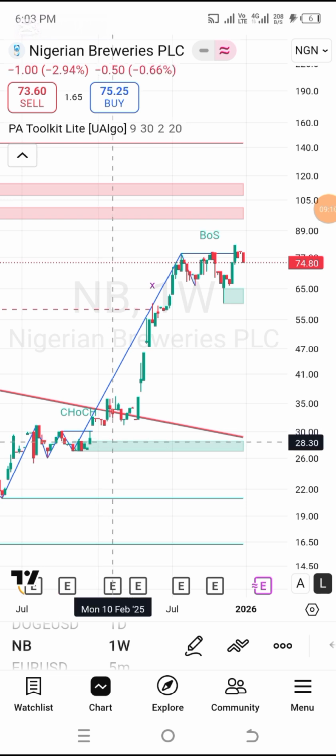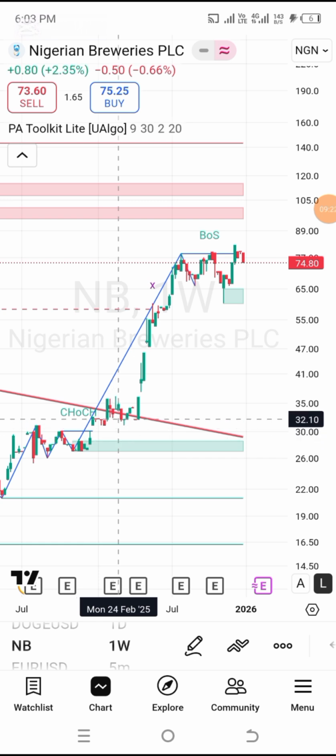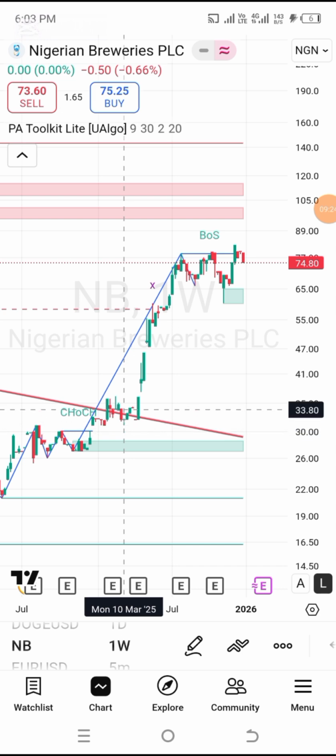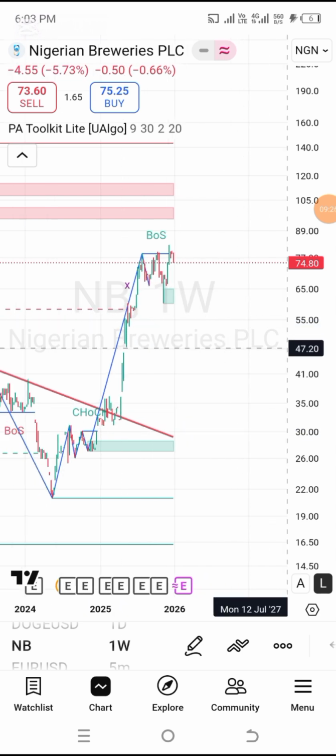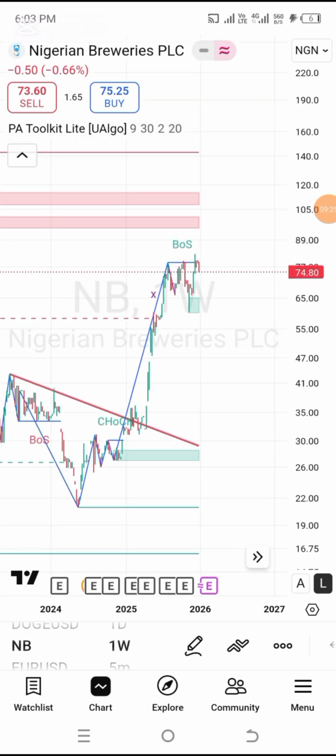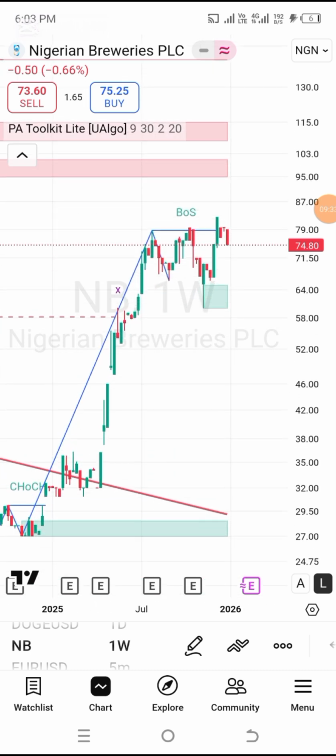This was February 2025, February last year. Some people actually bought this same Nigerian Breweries at 27 naira, 28 naira, and the market after it broke out. You can see this red line showing a breakout. So the market broke out from here and it started buying, and it has been buying since.